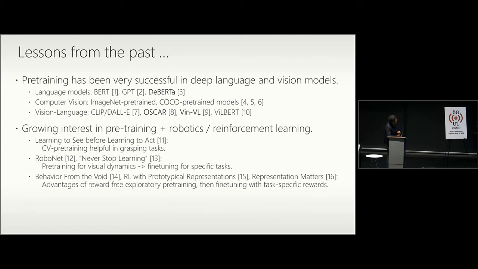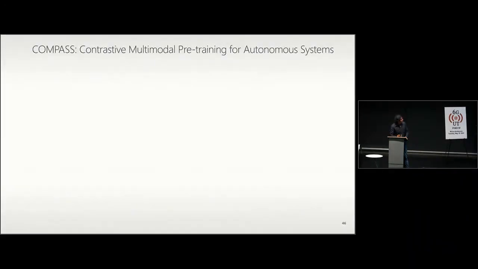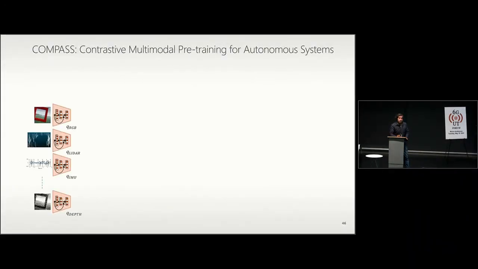So for instance, I'm referring to a few of these papers where you are actually pre-training a network and then fine-tuning for some of these end effector tasks that you might be interested in. And of course, there are a lot of advances in general representation learning that are very useful in here. From our own lab, we've been thinking about pre-training just for autonomous systems.